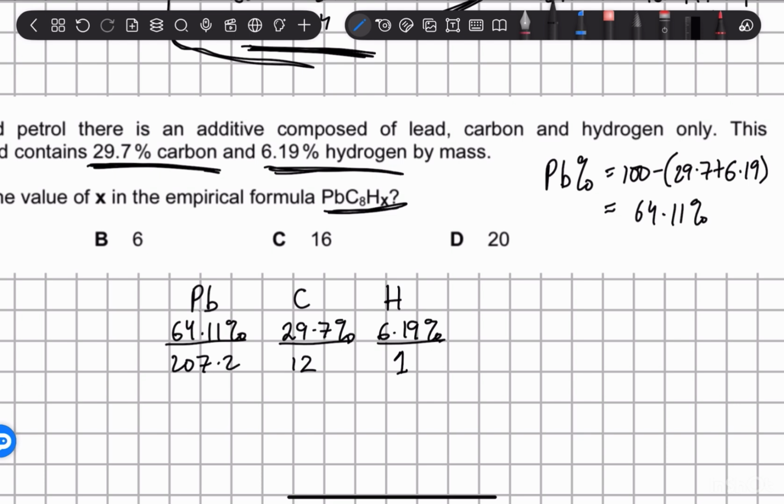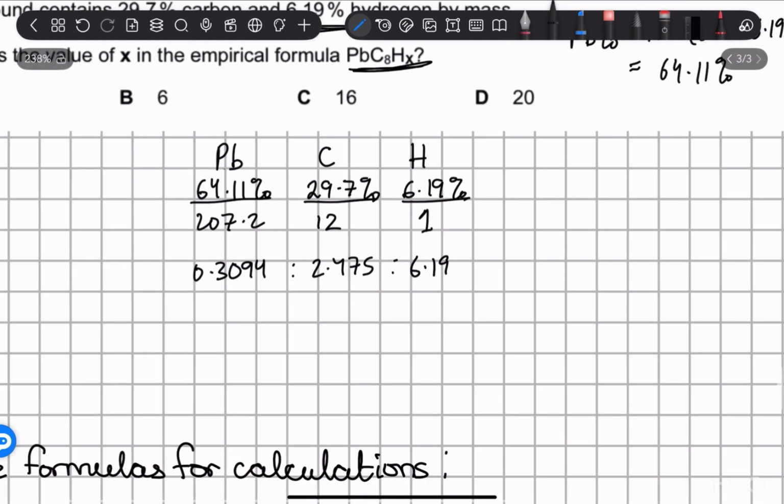For lead, I'm getting 0.3094. Then carbon is 2.475. Hydrogen is 6.19.